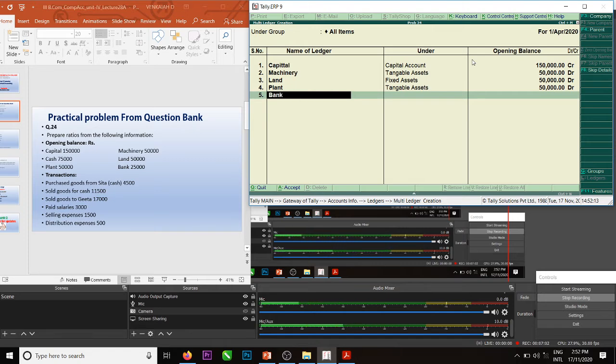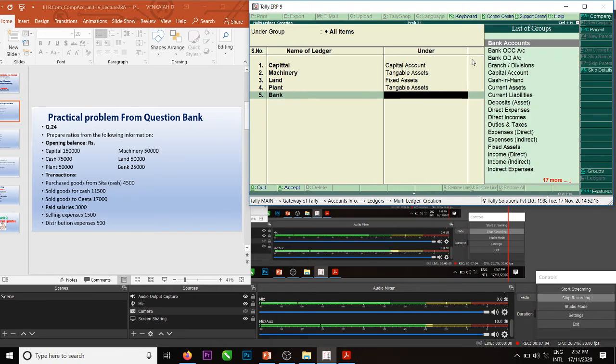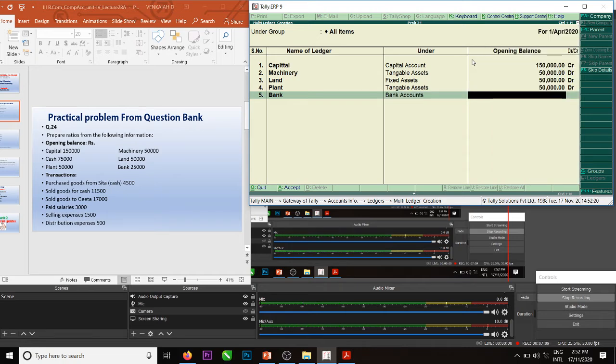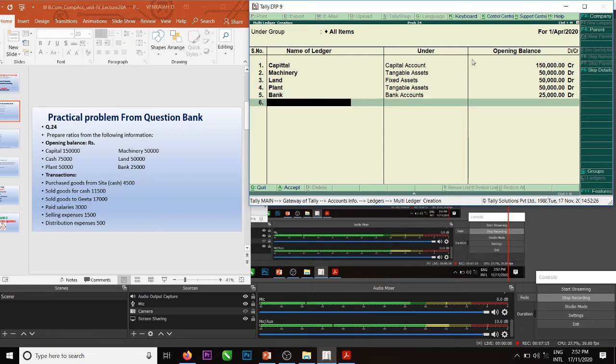Bank, under bank accounts, amount is 25,000. Next, the transactions. Cash we will enter later by using alter mode. Purchase of goods, under purchases accounts.